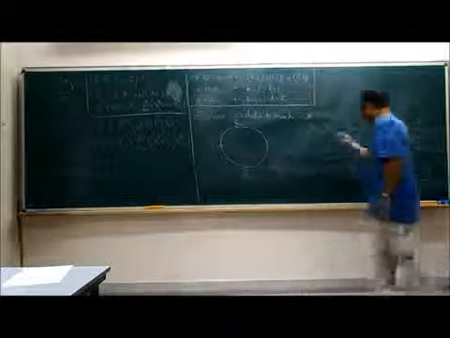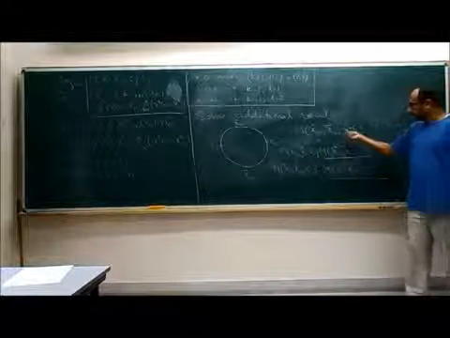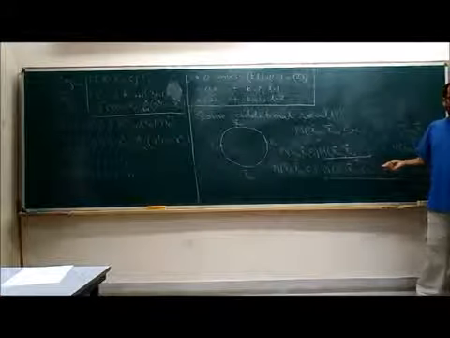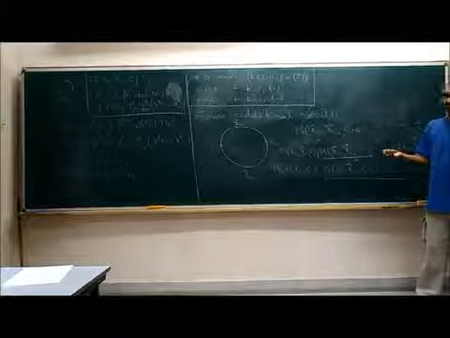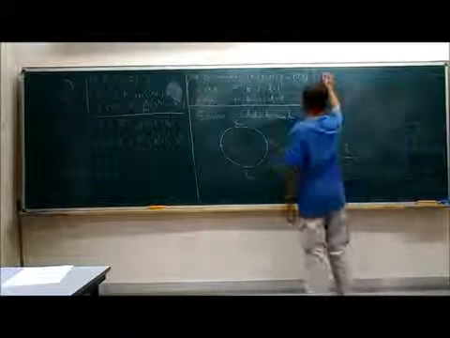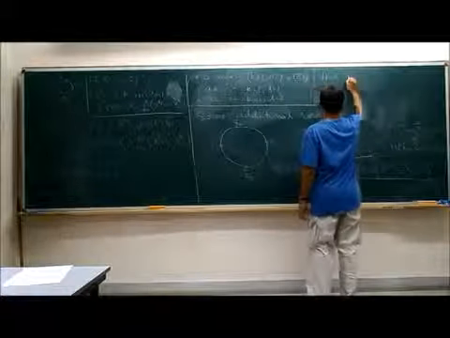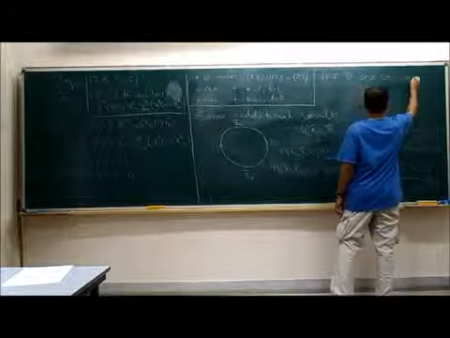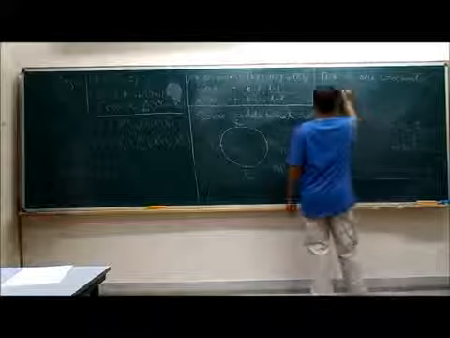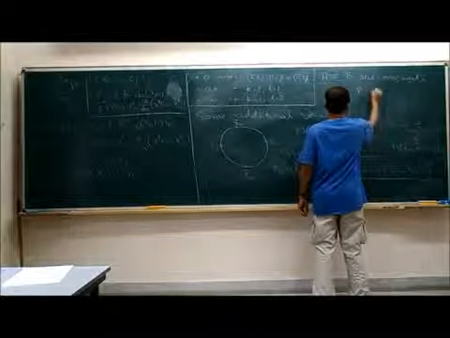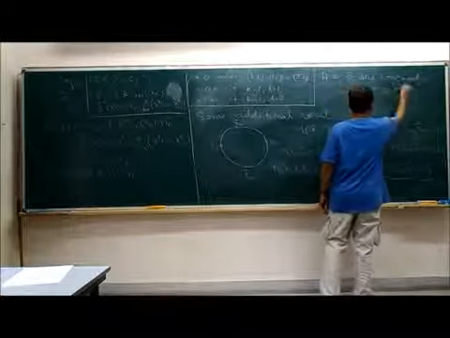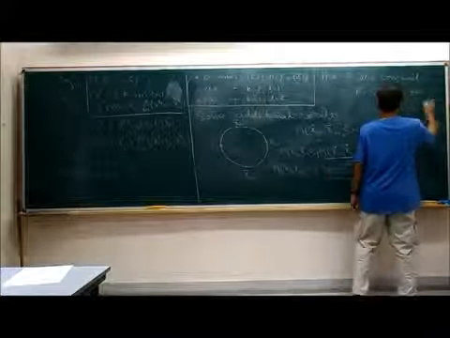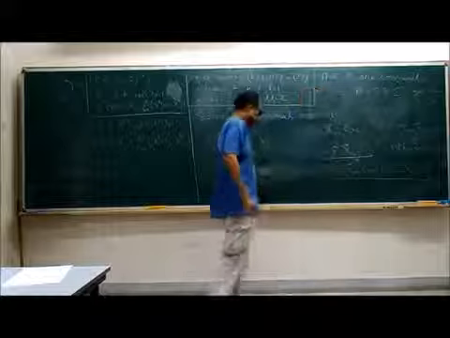The important point is that even though they are not equal, they are related by what is called conjugation. Do you know when you say two matrices are related by conjugation? A and B are conjugate if A equals S B S inverse for some S. And that's what you see here.